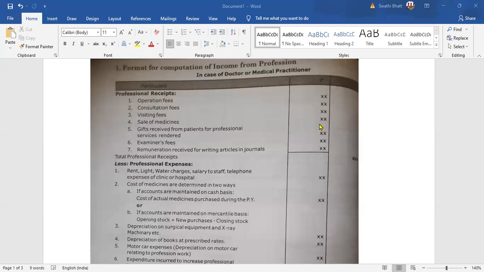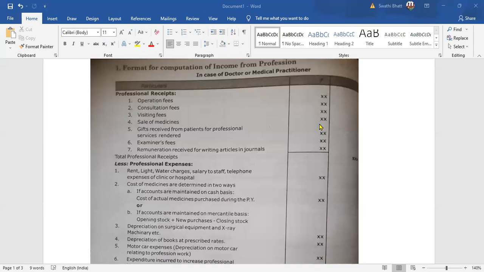So again, for this cost of medicine, there are two ways of finding it. One is on cash basis. Whatever is the actual value of medicines that you have purchased, you will be recording it. Second one is mercantile basis. There is an equation which is opening stock plus purchases minus closing stock.